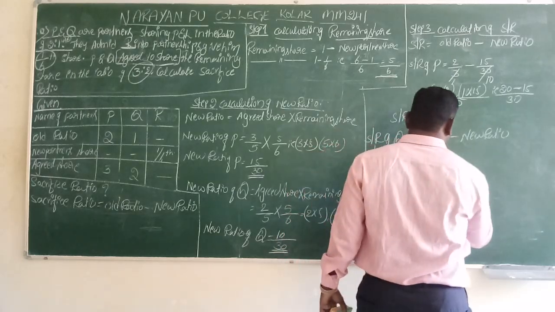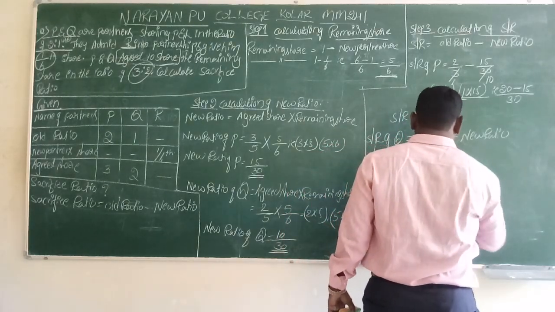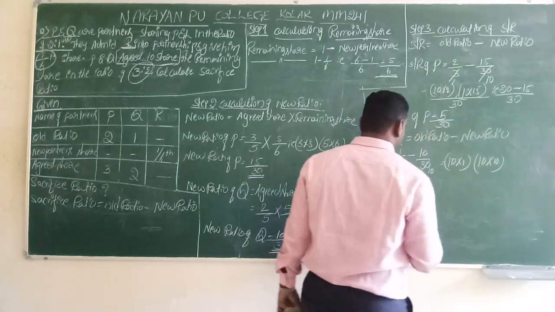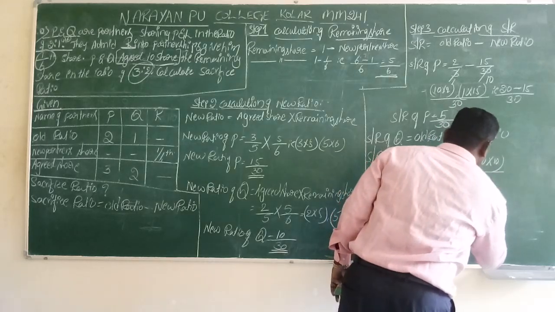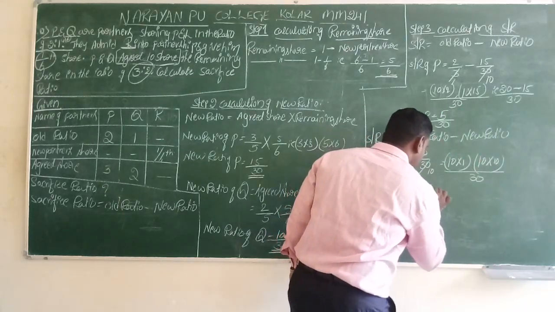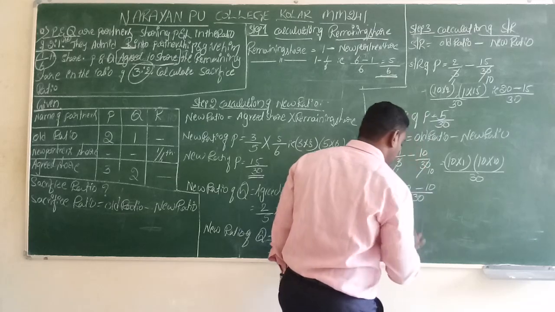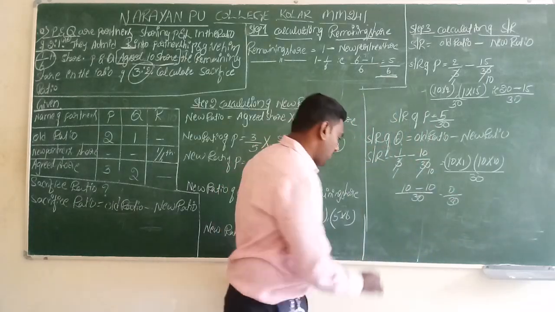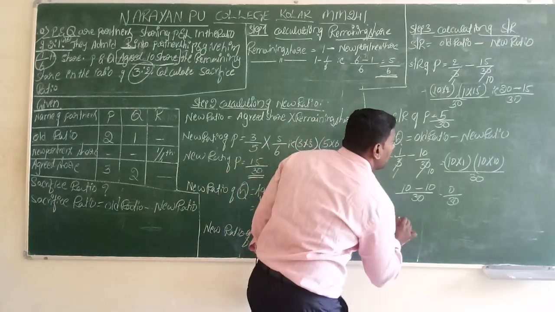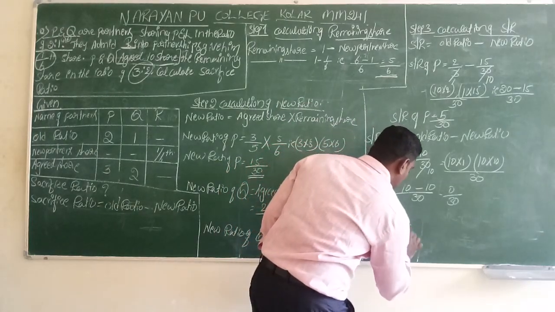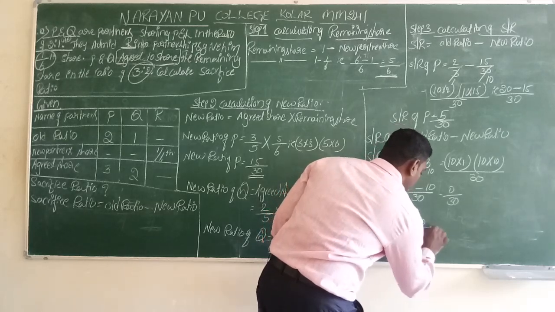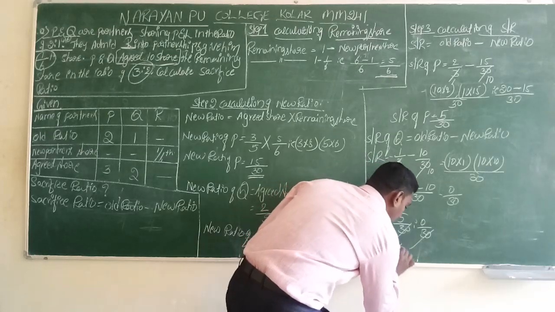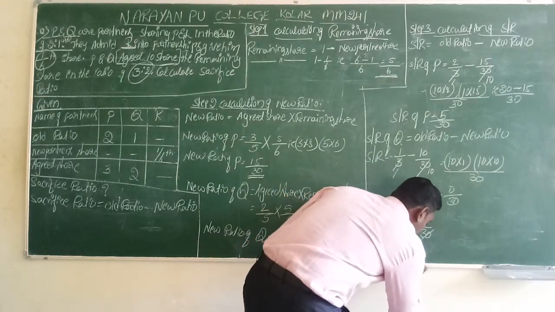Therefore, we multiply 10 into 1, and 10 into 1. Therefore, the denominator base is again 30. 10 minus 10 divided by 30 we get. So, 0 divided by 30. Therefore, sacrifice ratio is 5 by 30 is to 0 by 30. 30 cancels. Sacrifice ratio of both the partners is 5 is to 0 by 30.